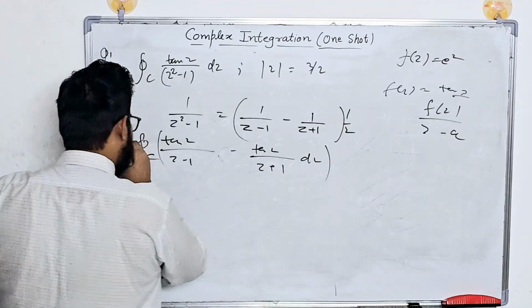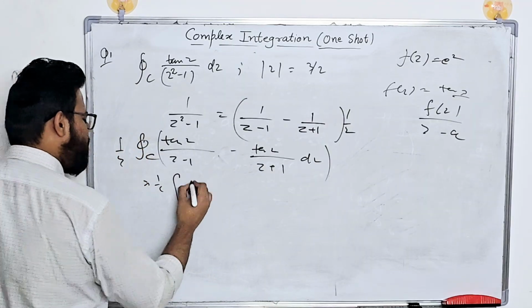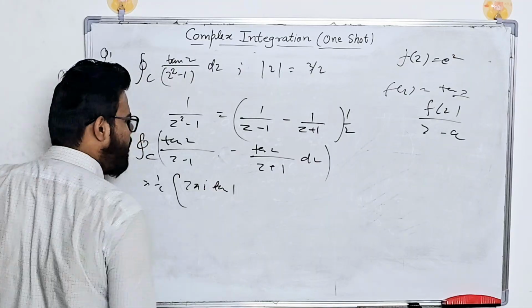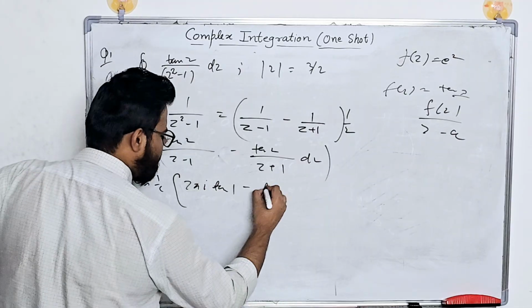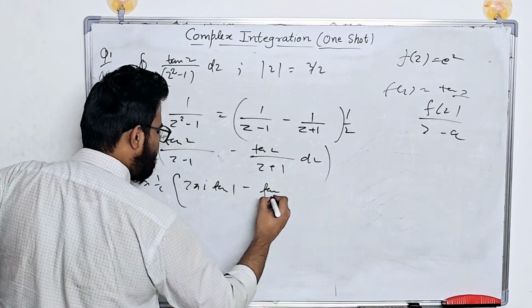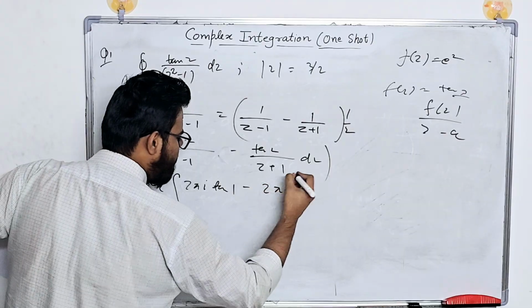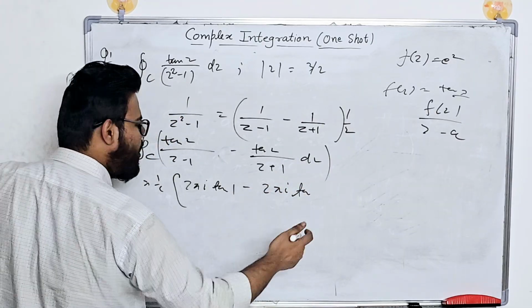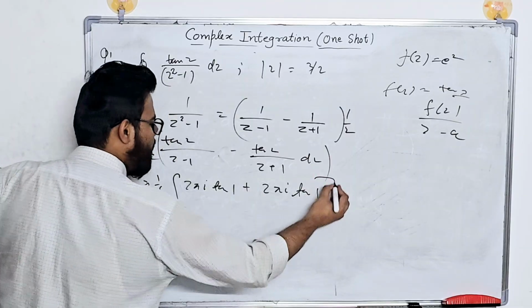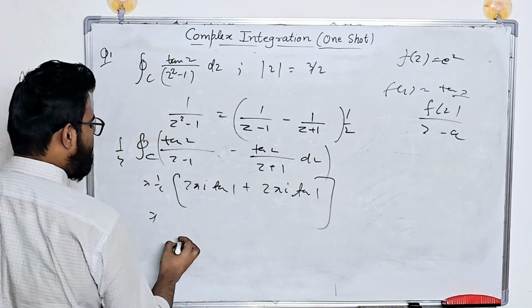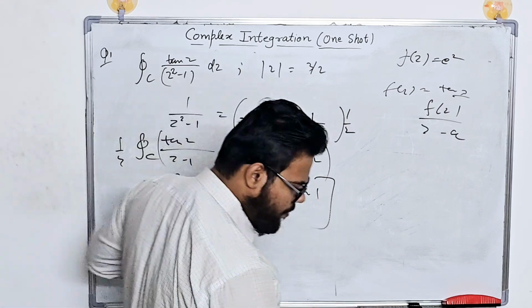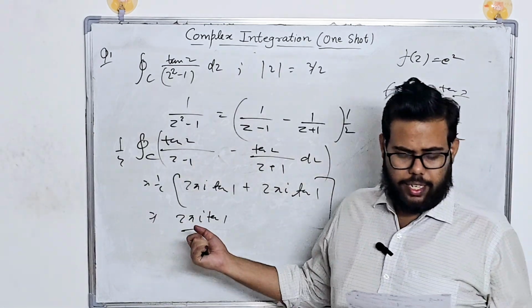So it is basically equal to 1 by 2 is common, 1 by 2 into 2 pi iota tan of 1 minus 2 pi iota tan of negative 1. What is it? It is equal to plus 1 over here, right? So it will be just equal to 2 pi iota tan of 1, right? That's the answer. Okay, correct.